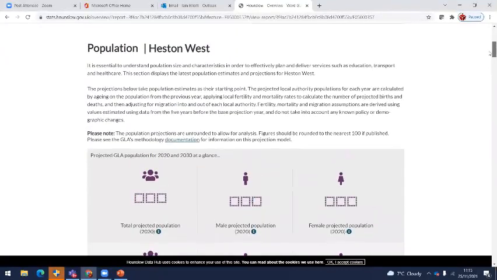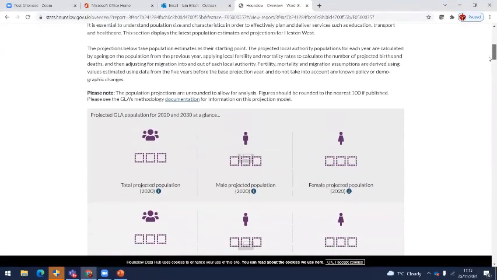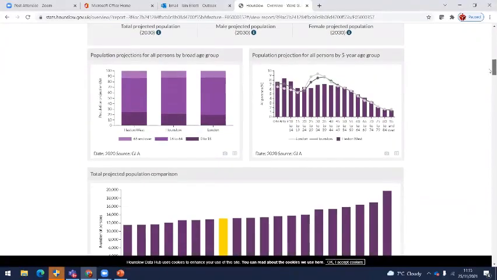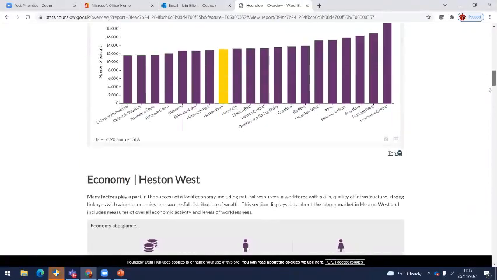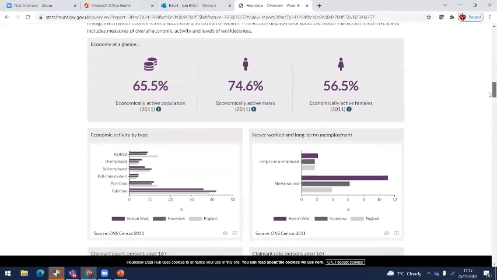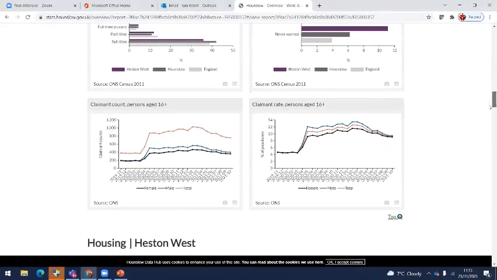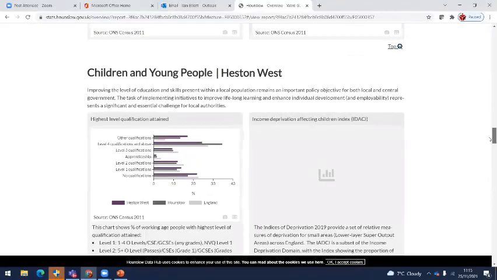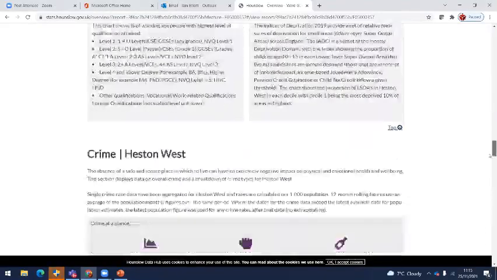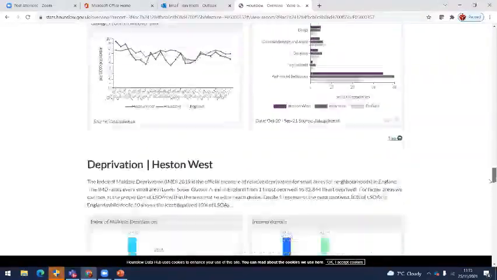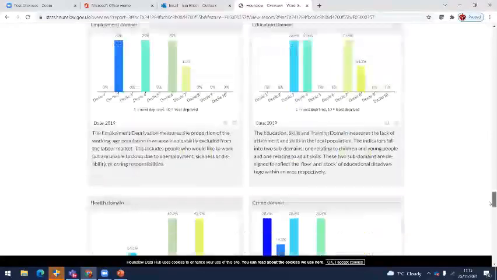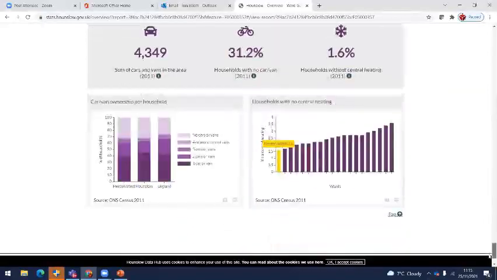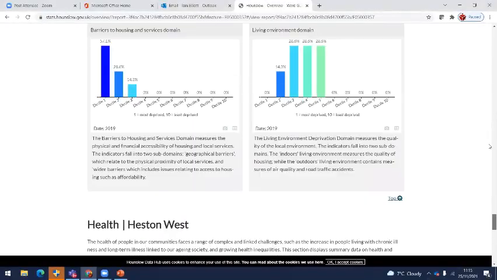So information about the population, the economy, economic activity, housing, crime, deprivation, health, environment.